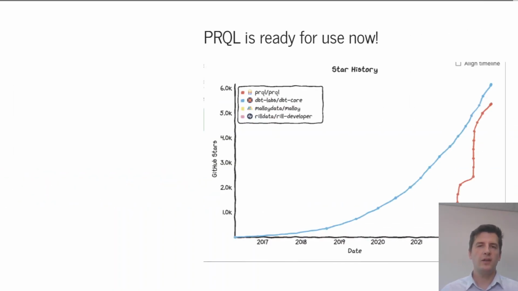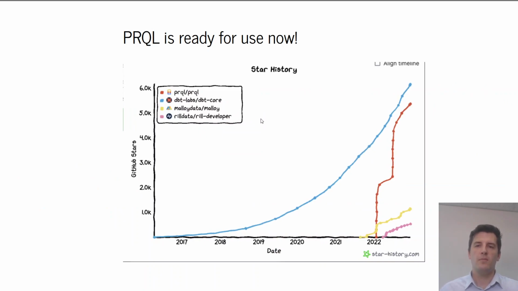Alright, so that was a lightning tour of PRQL. The project is less than a year old, starting with a proposal that was posted on Hacker News in January 2022, and since then, as you can see by this red line, we've seen a massive show of interest by GitHub stars on GitHub, and we're looking to make PRQL available in any place that you are working with data.